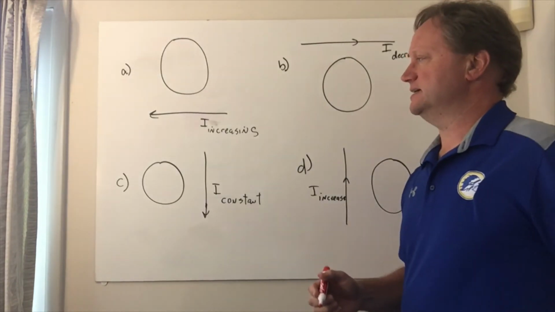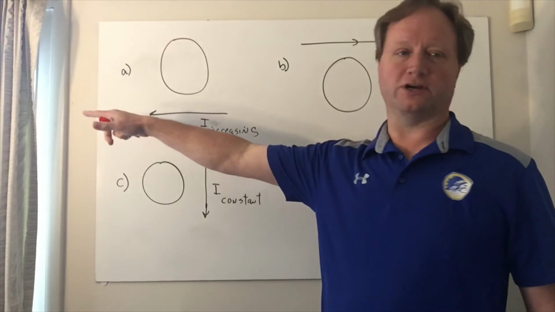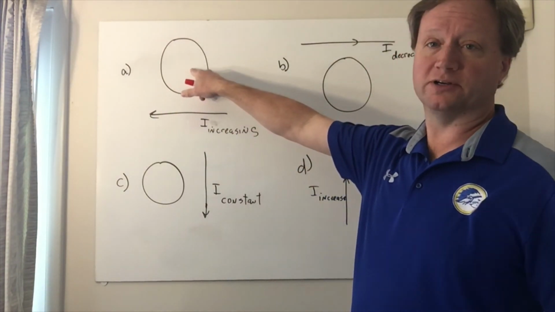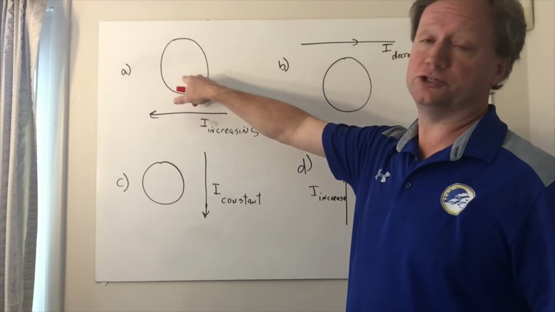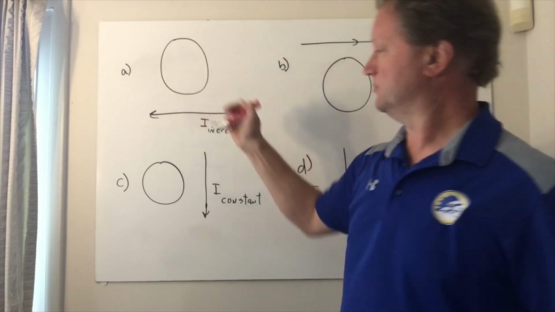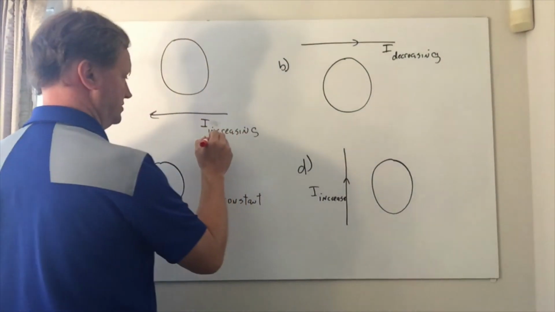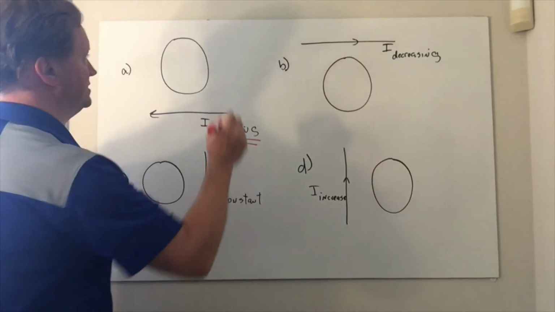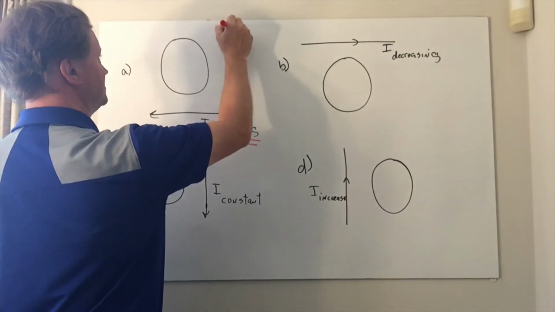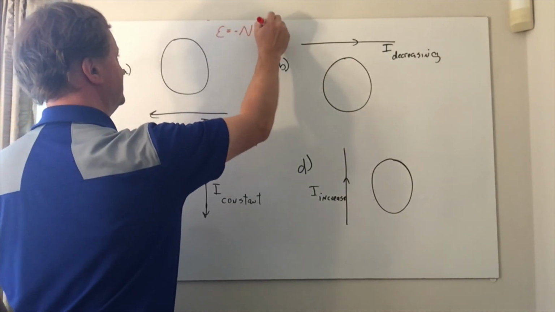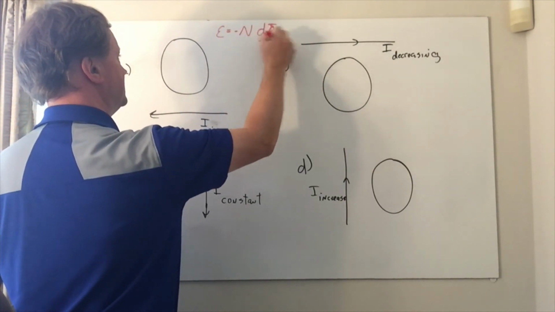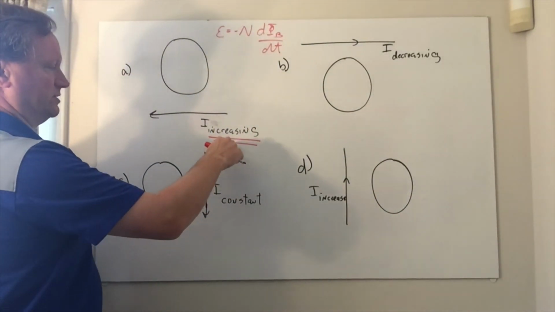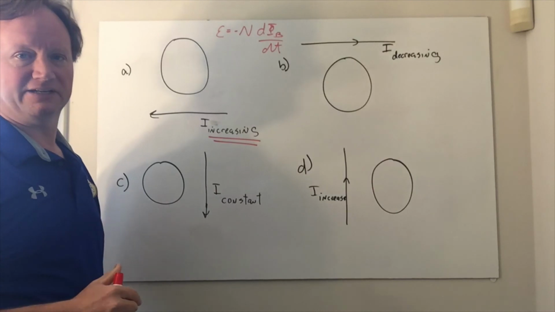So on A, you have a current that is moving over here in a direction to the right, and you have the loop, and you're pondering what you are inducing in this loop. Well, let's consider the change. Our current is increasing, so if I can squeeze in our equation here, negative N dΦ/dt, this increasing current is producing a magnetic field.